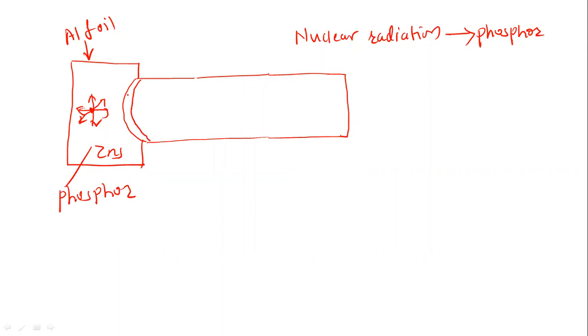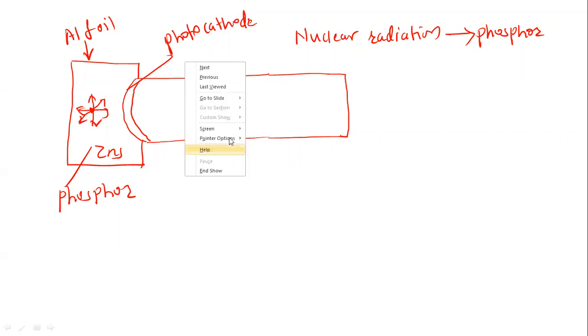When these scintillations strike onto the photocathode, the electrons are ejected from this photocathode.